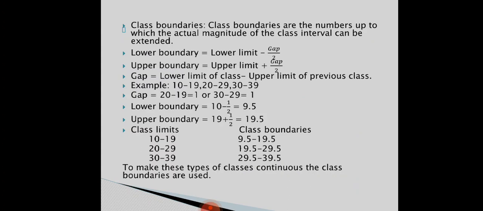So class limits 10 to 19, boundaries 9.5 to 19.5. Then 20 to 29, boundaries 19.5 to 29.5, and class 30 to 39, boundaries 29.5 to 39.5.